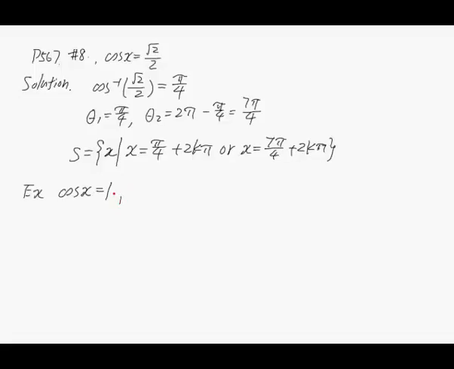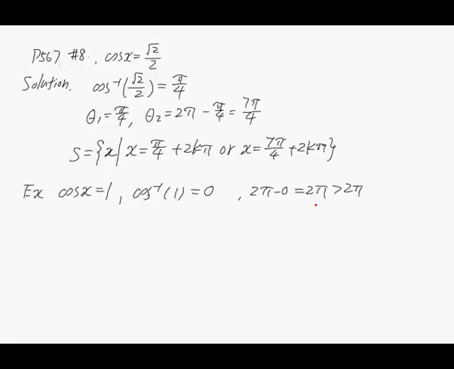But cosine is equal to -1, not equal to 1. Okay. So actually, you find the inverse cosine of 1, then you get 0, right? And for this one, you don't need to use 2 pi minus 0 to get another one, because this 2 pi is not less than 2 pi. Greater than or equal to 0, but less than 2 pi.